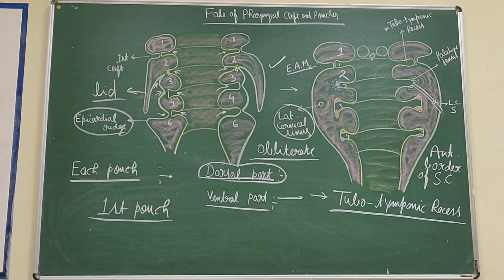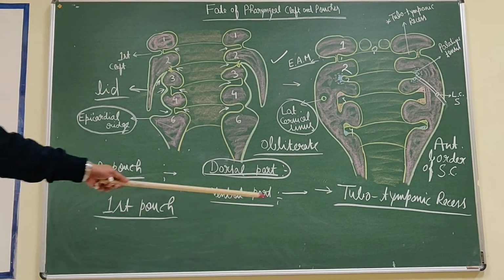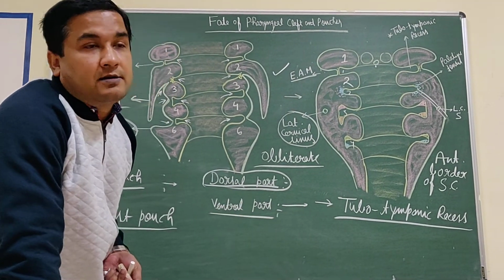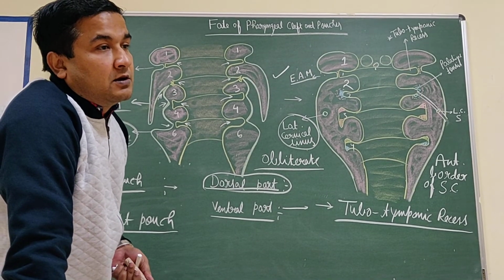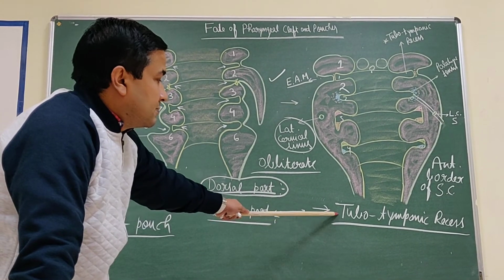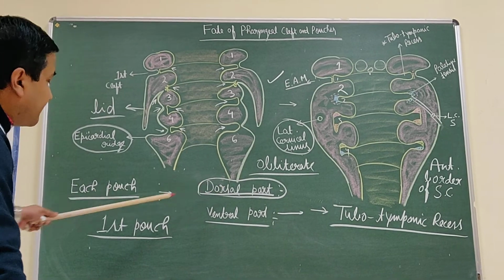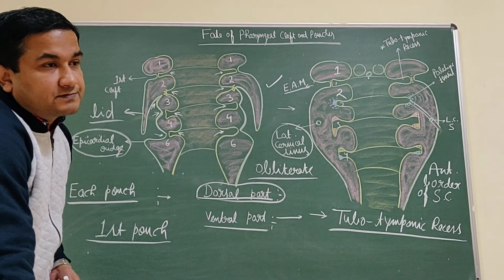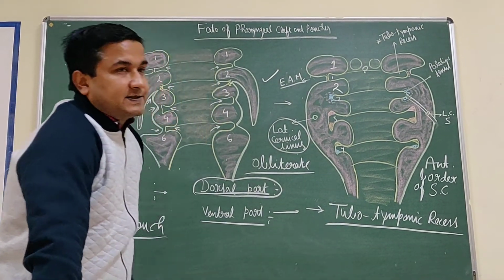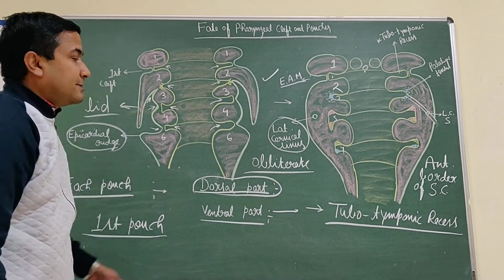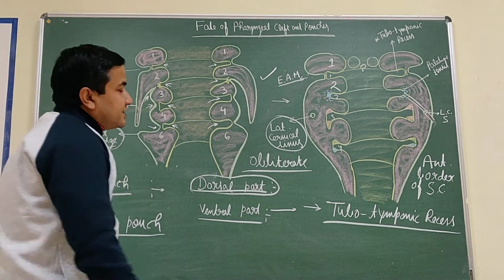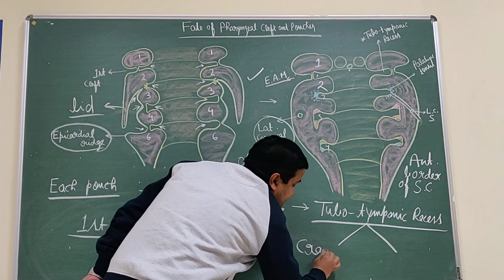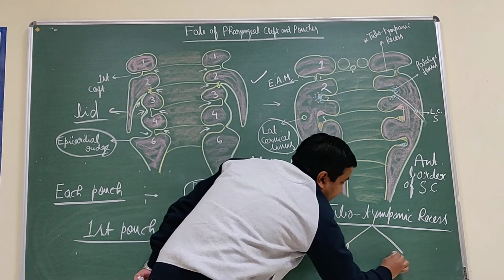What is the tubotympanic recess? This tubotympanic recess is a diverticulum, a pouch, which is formed by the dorsal part of the first as well as the second pouch. In further development, it is divided into two parts: the cranial part and the caudal part.